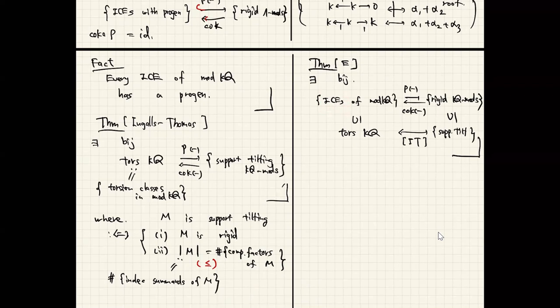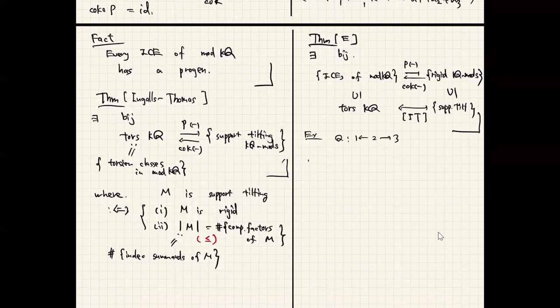And I will give an example for this, the A3 quiver. I won't explain the so-called Auslander-Reiten quiver, but this figure represents the category mod KQ.